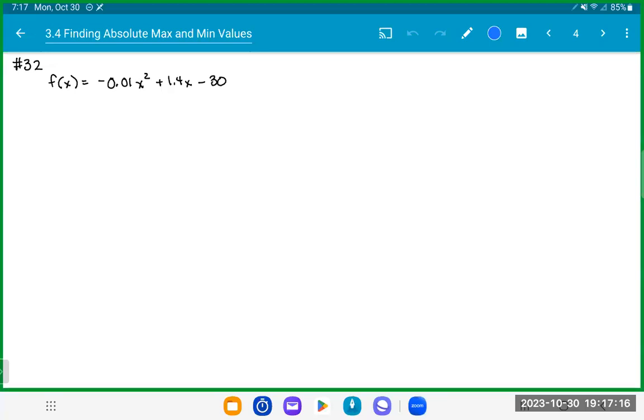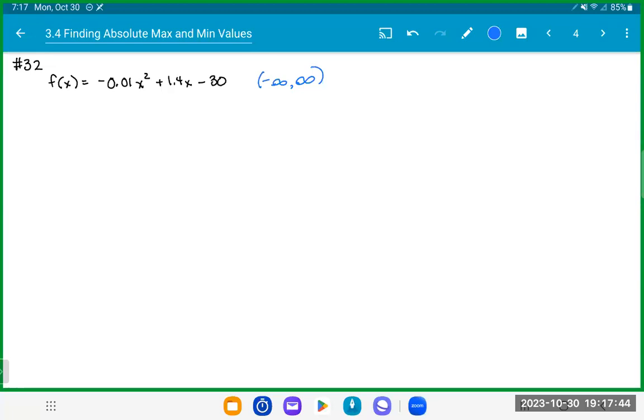And when no interval is specified in these problems, like in this problem here specifically, then we're to use the real numbers, which is negative infinity to infinity. Okay, so because there was no interval given, we're to use negative infinity to infinity as our interval.